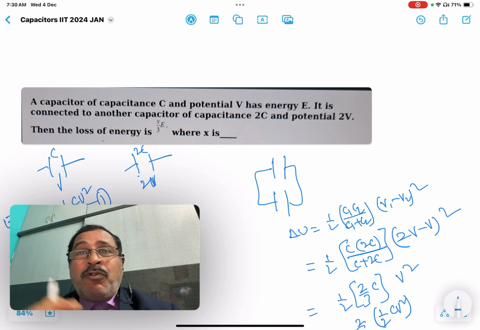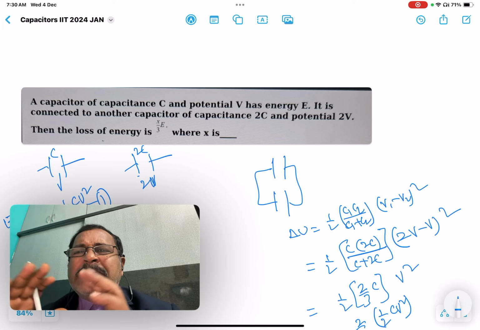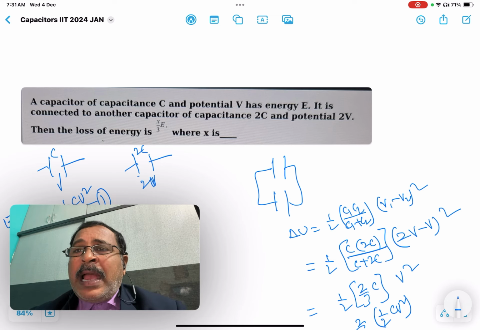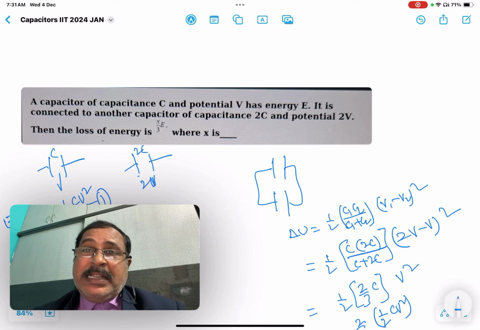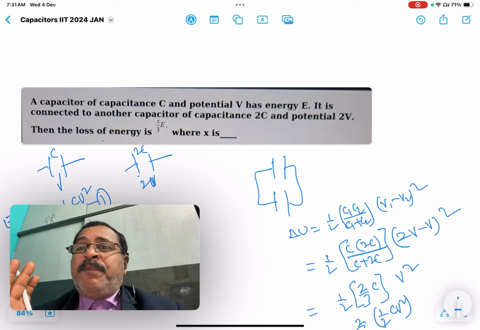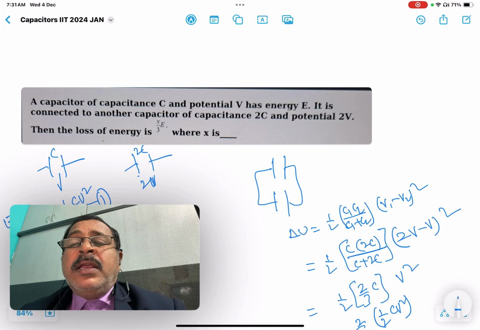In the 2024 phase 1 entrance examination, they asked problems based on only two concepts. One is new capacity after introducing a dielectric medium, and the second is loss of energy when two capacitors are connected in parallel. Based on these two concepts only, they gave the problems in phase 1.